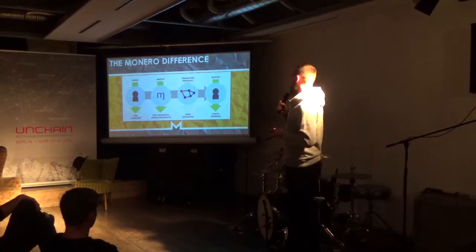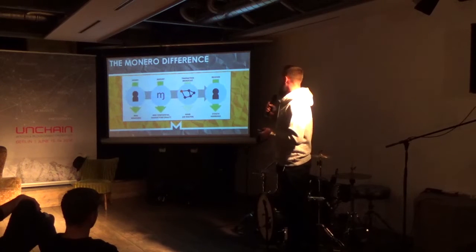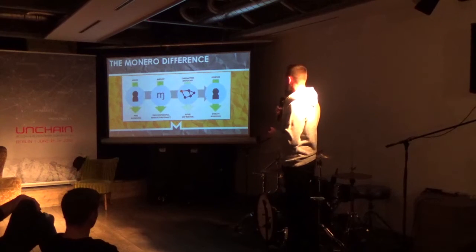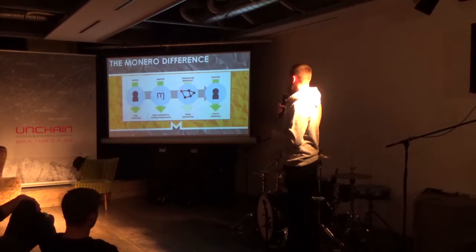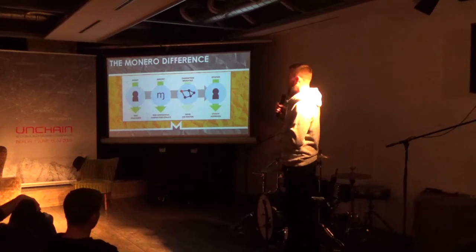And here's a graphic visualization of the three aspects. Of course you can tell there's a fourth one here. Let me just say the sender is hidden by ring signatures, the amount of the transaction is hidden by ring confidential transactions, and the receiver is hidden by something called stealth addresses. And this part here is the obfuscation of the network.